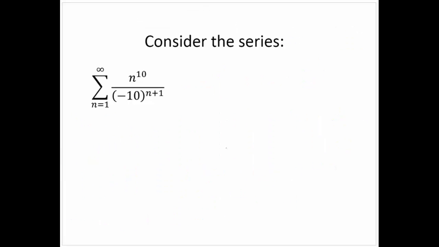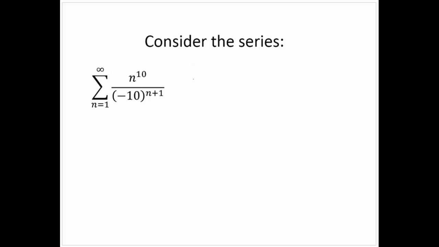All right, here's another example. We have n to the 10th over negative 10 to the n plus first power. And I see an exponential, right? I see that n plus first power in the denominator. That's an exponential. I'm thinking ratio test.